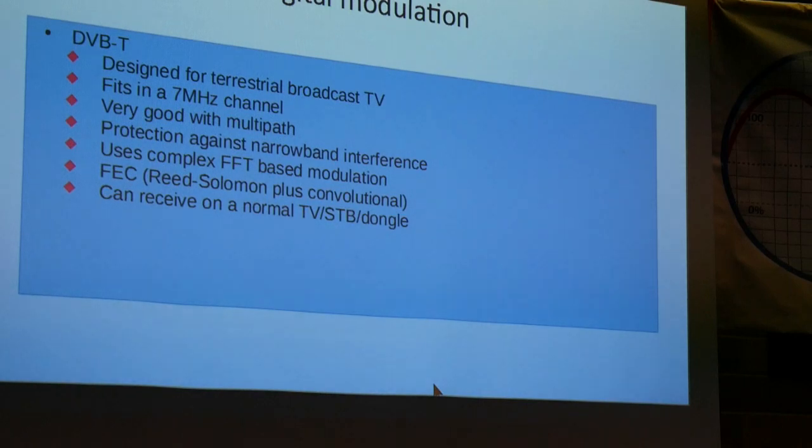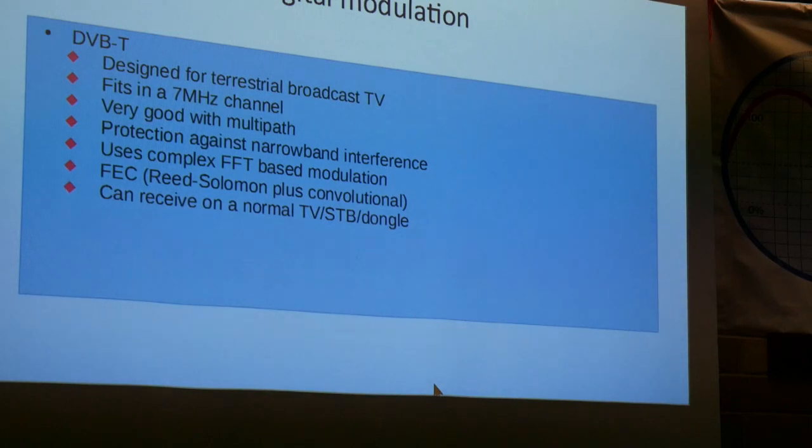You remember with old analogue TV, you were forever moving your antenna around if you were like me and you didn't have a line of sight path to get rid of all the ghosts. Digital TV with COFDM, superb modulation, solves that problem. And it still fits this into the old 7 megahertz analogue channel.